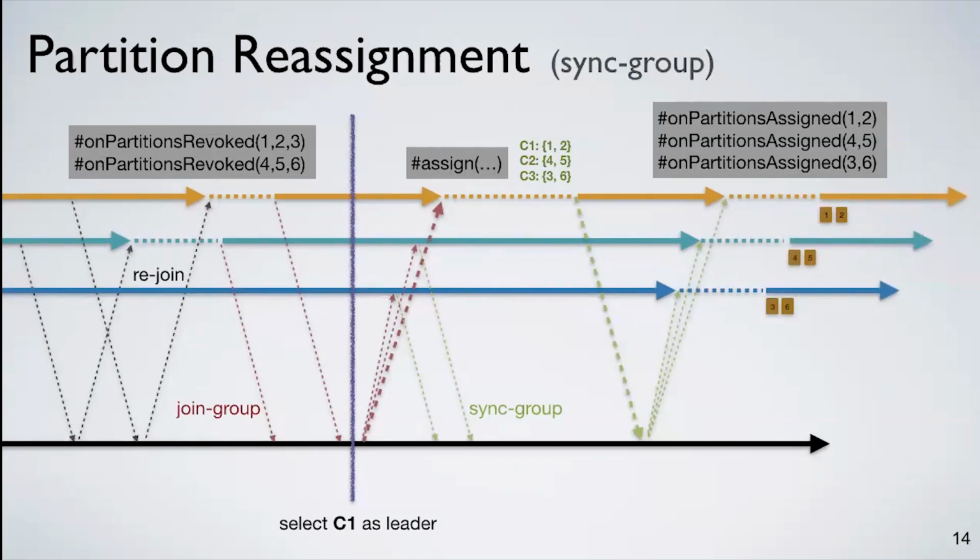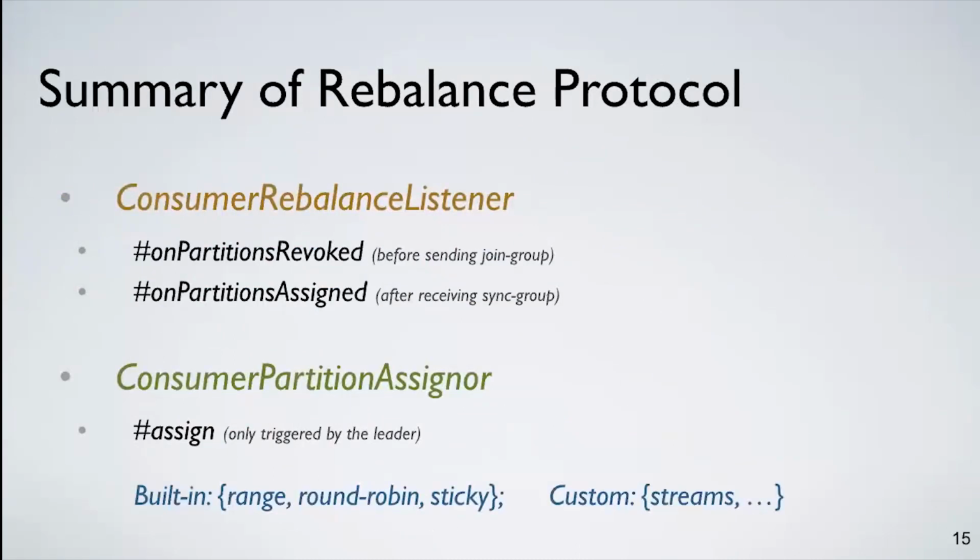Okay, so this is a quick recap of the current rebalance protocol. As you can see here, we allow users to customize the rebalance protocol by customizing the partition assigner, which executes the assign function, as well as the rebalance listener, which executes the on-partitions-revoked and assigned callbacks in order to initialize or shut down their processing logic as processing state.